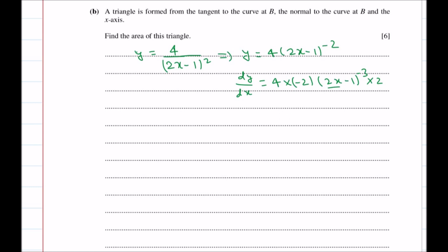Okay. So if you simplify this, we get minus 16 divided by 2x minus 1 to the power 3.